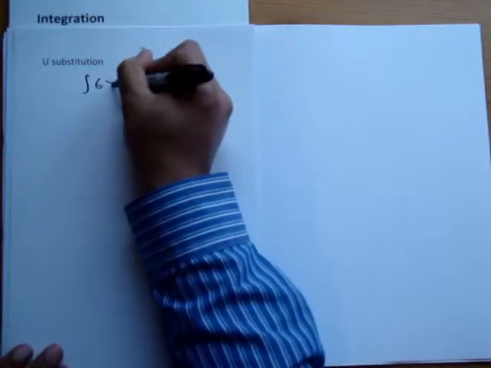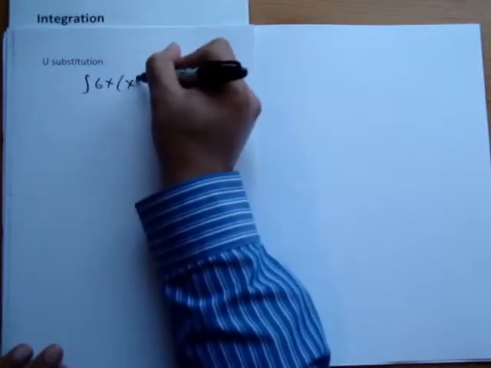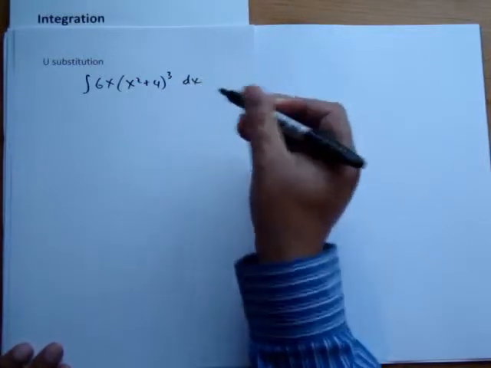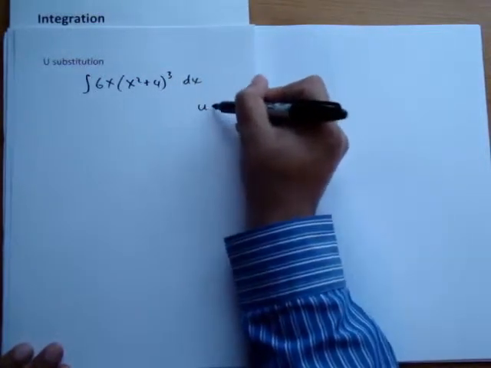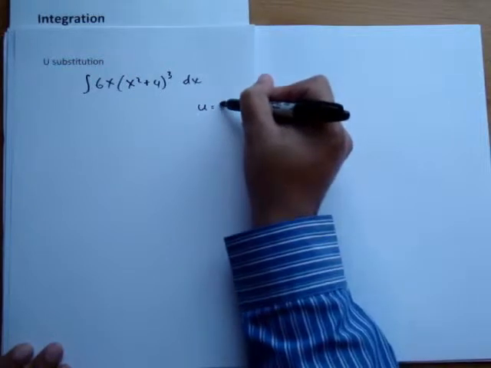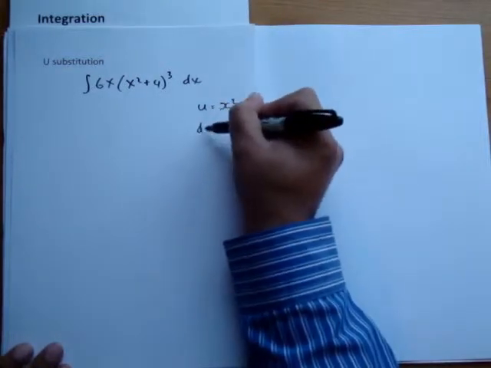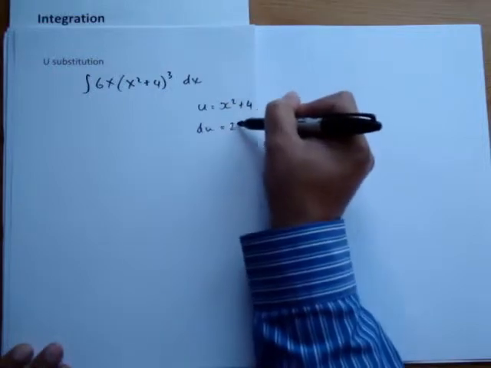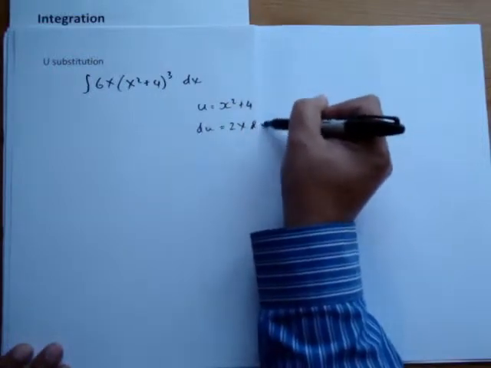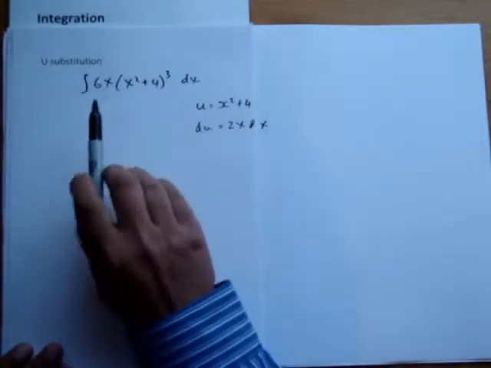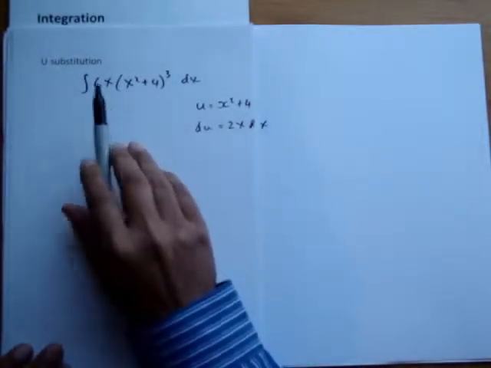The integral of 6x times x squared plus 4 to the power 3 dx. Let's pick a u, usually what's in the brackets, that's x squared plus 4, du is 2x dx. Now we don't seem to have a 2x in the original integrand.